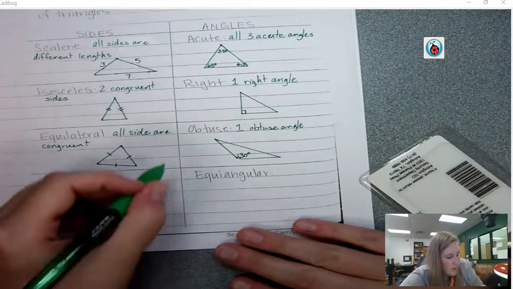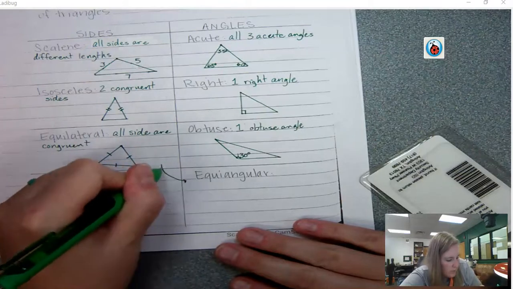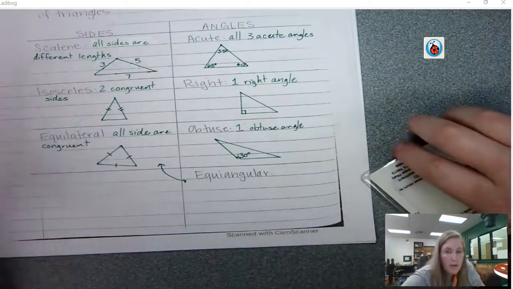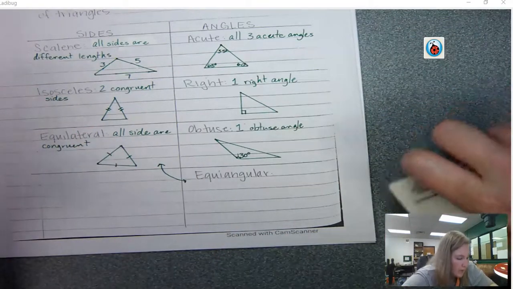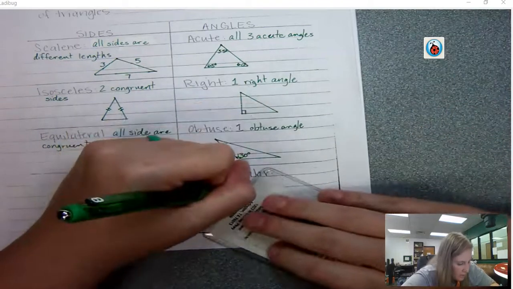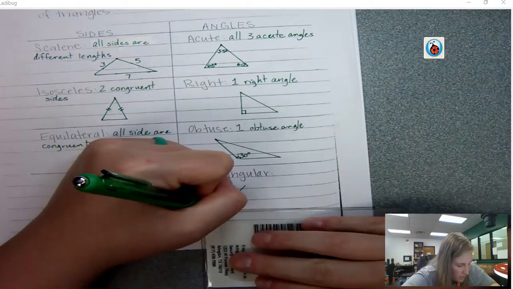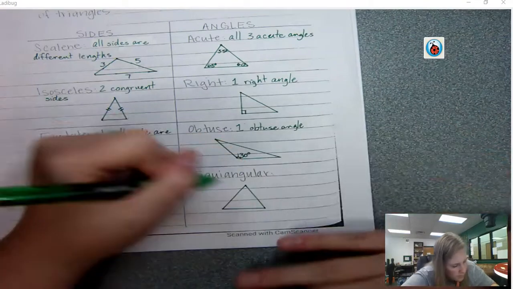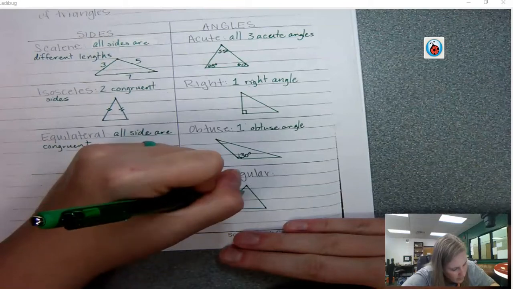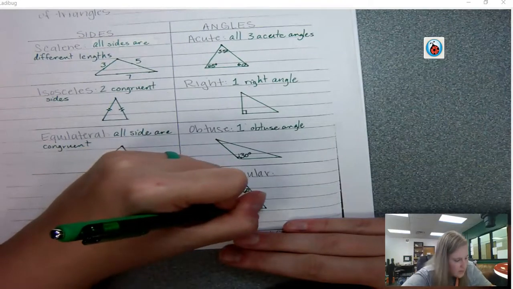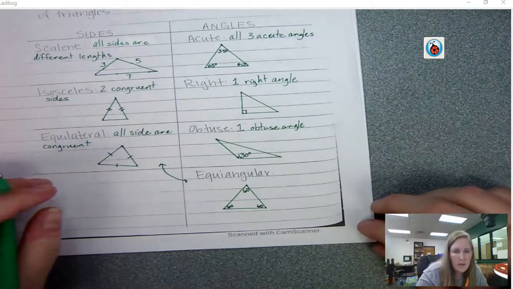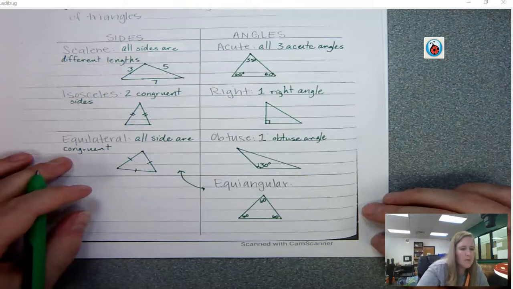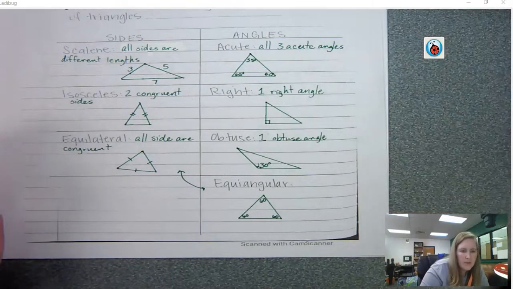And then an equiangular, which they're actually the same. If a triangle is equilateral, it's also equiangular. And it would be 60, 60, and 60. And they all have the same angles. Alright. Awesome. Move on to page 2.